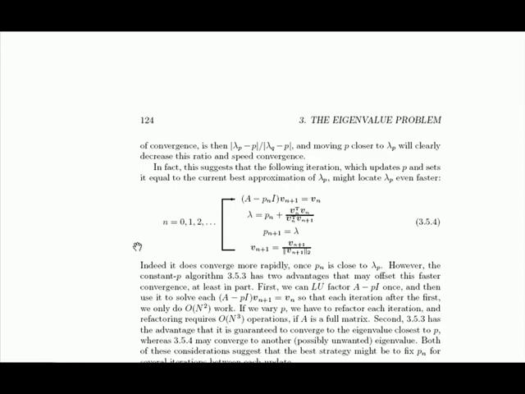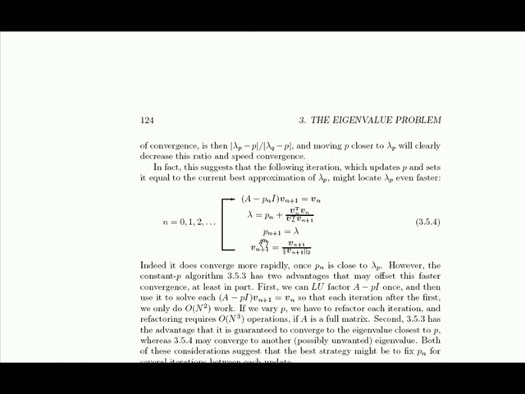Therefore, the ratio of the second largest to largest is (λₚ − p)/(λ_q − p), and that obviously is going to be decreased if you choose p close to the eigenvalue you're trying to find. So in other words, the closer you choose p to the correct eigenvalue you're looking for, the faster this shifted inverse power method will converge.